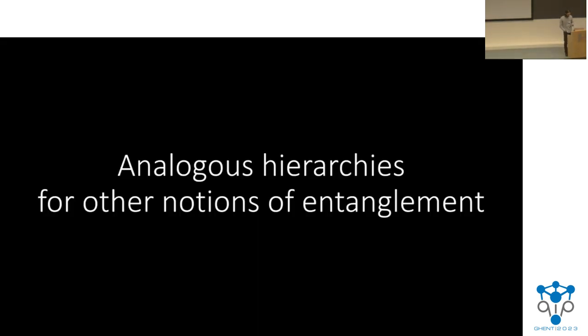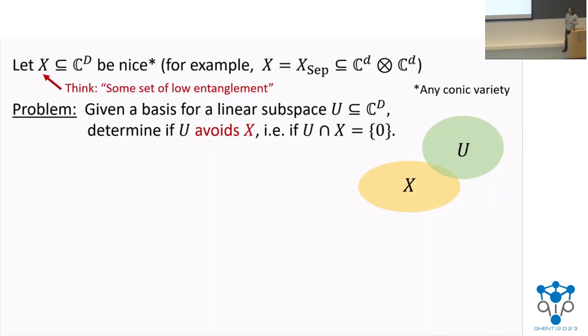We can have analogous hierarchies for certifying other notions of entanglement. So I'm going to be very general here, and I'm going to fix some subset X of some Hilbert space C^D. I want you to think of this as C^D having some underlying local structure, and X is some set representing a set of low entanglement.